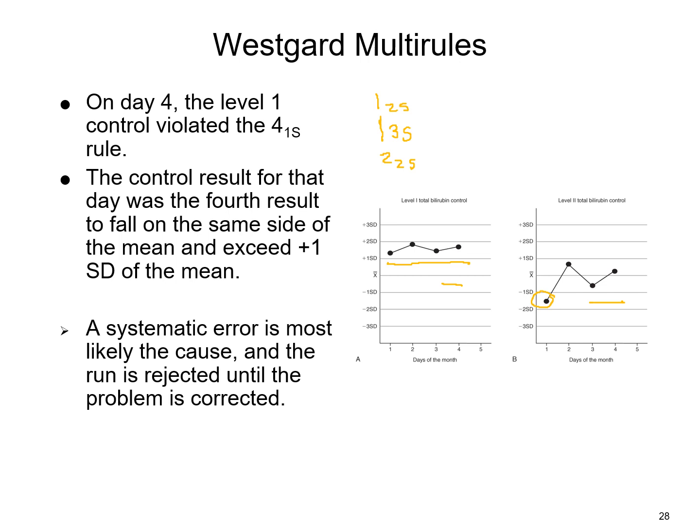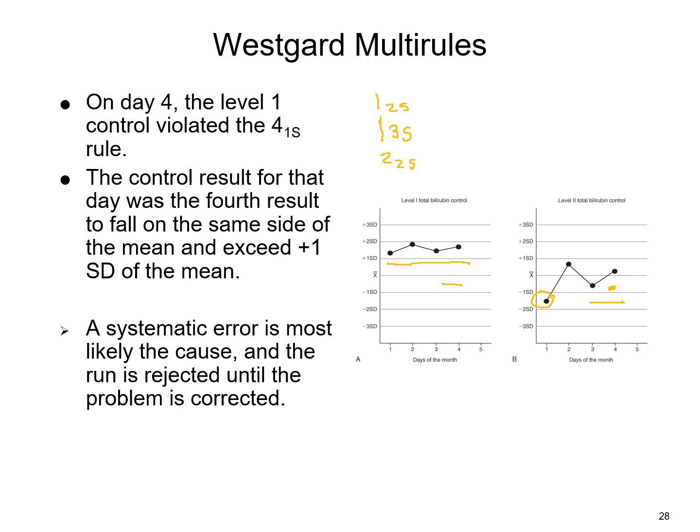And then if we were to look at the 2 consecutive days for our level 2, neither one of these is outside of that 1 standard deviation, so it doesn't violate it when looking at level 1 against level 2. But level 1 is definitely violated, with 4 consecutive runs on one side of that standard deviation.